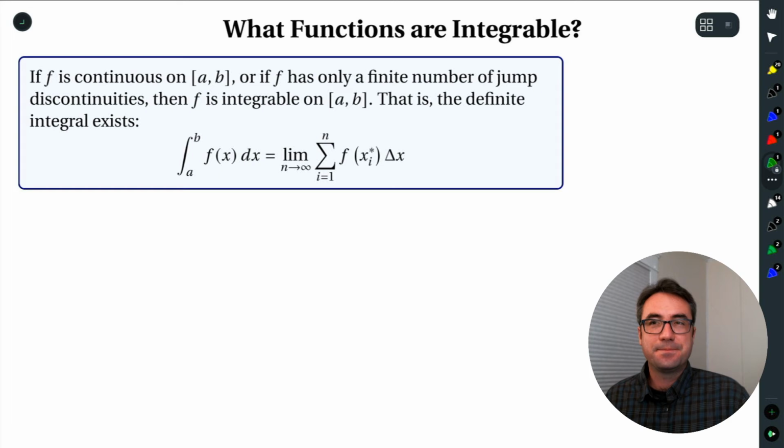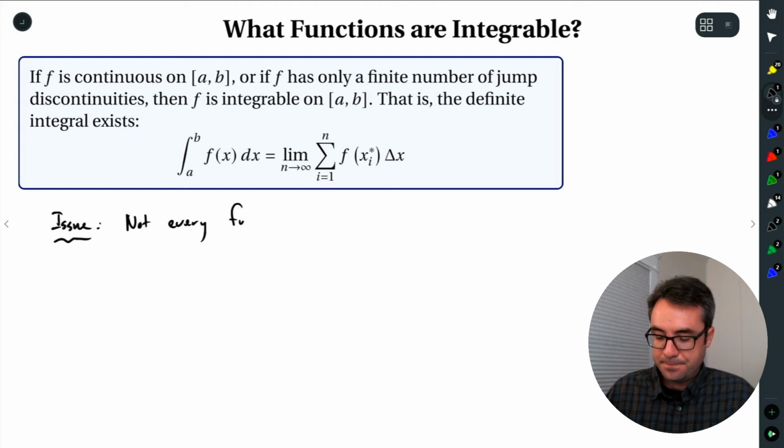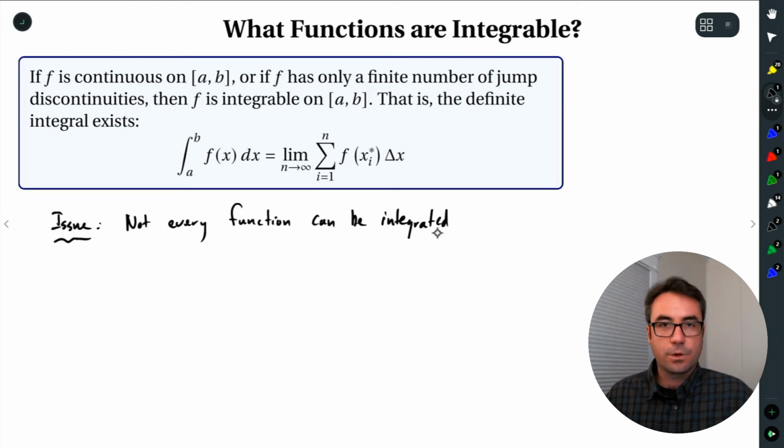We can calculate it. So it's going to be handy to know that if our function's continuous, we should be able to calculate this definite integral. We could either use the limit definition, or most likely the fundamental theorem of calculus. The issue is that not every function can be integrated. But what this theorem is saying is that if we know our function's continuous, we're good.